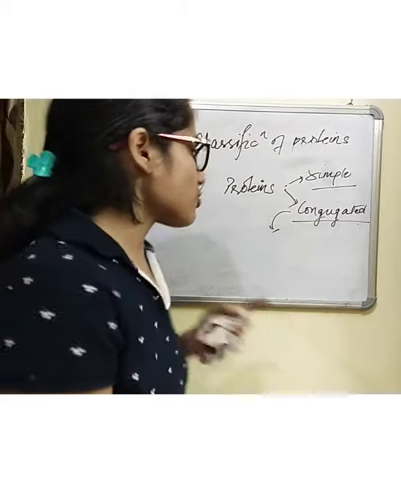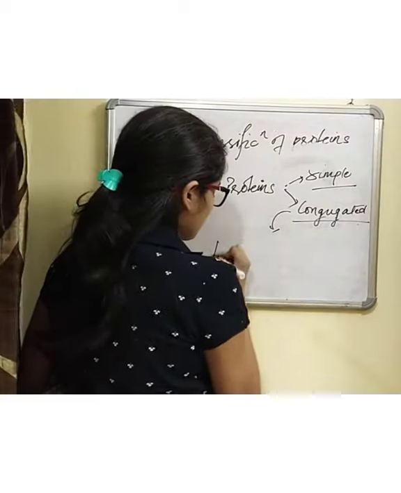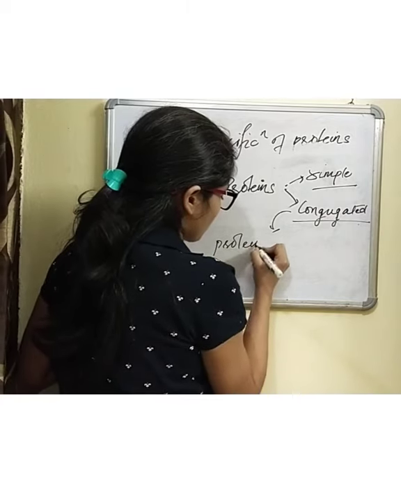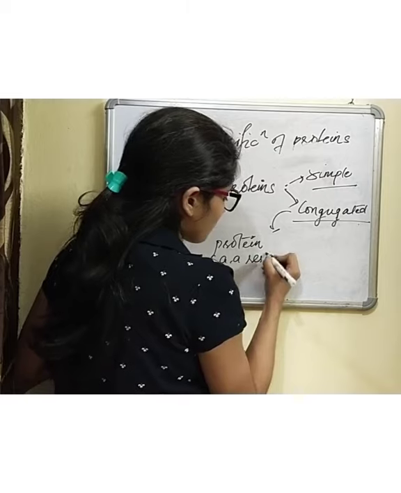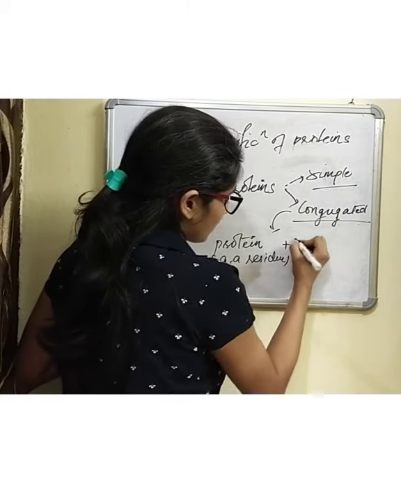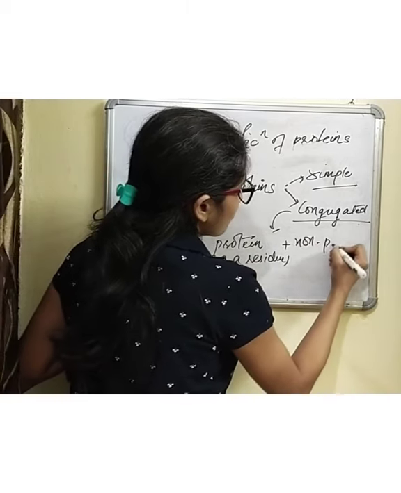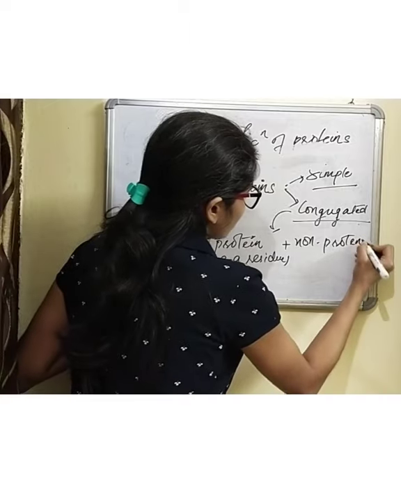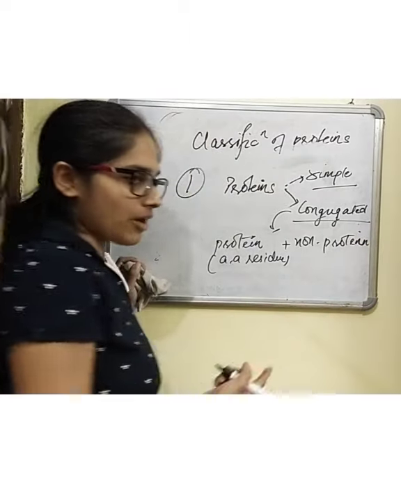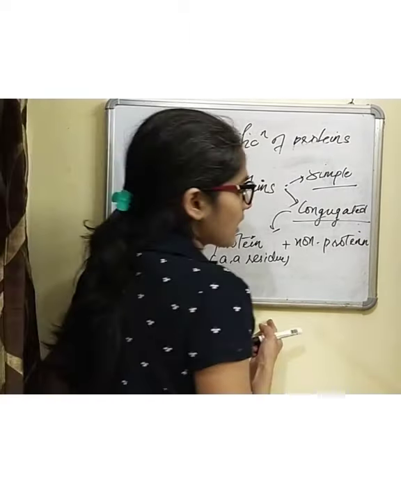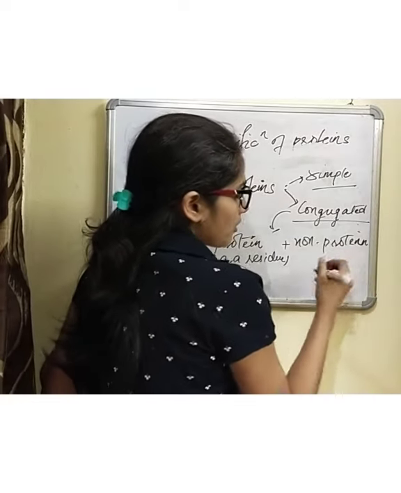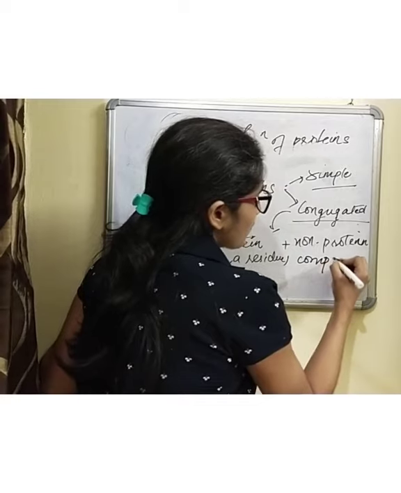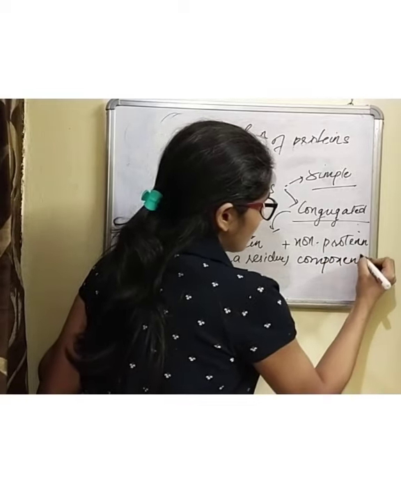So conjugated proteins are protein molecules or amino acid residues plus a non-protein component. The non-protein component may be lipids or carbohydrates or certain metal ions, and those are known as conjugated proteins.